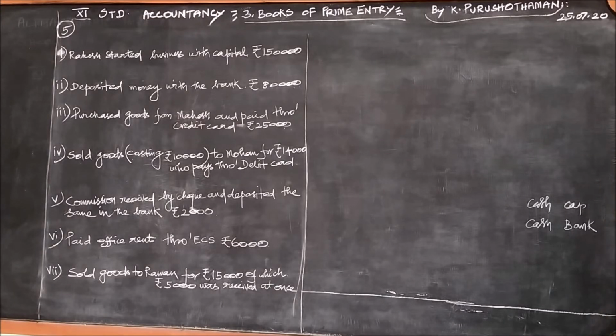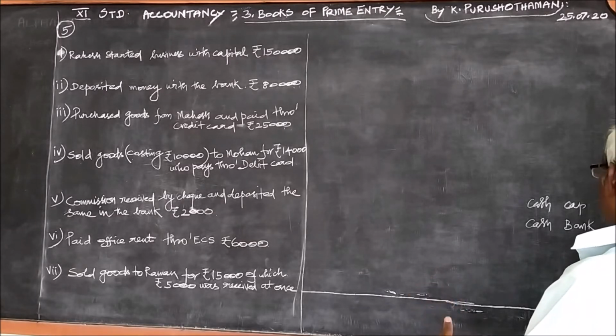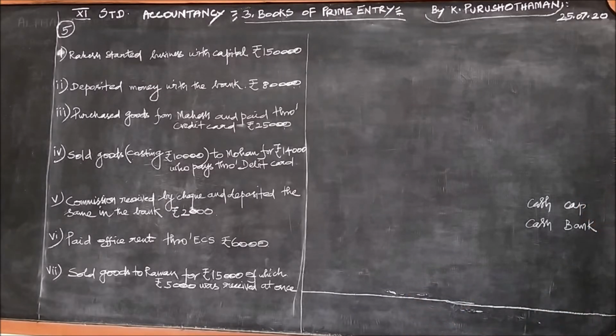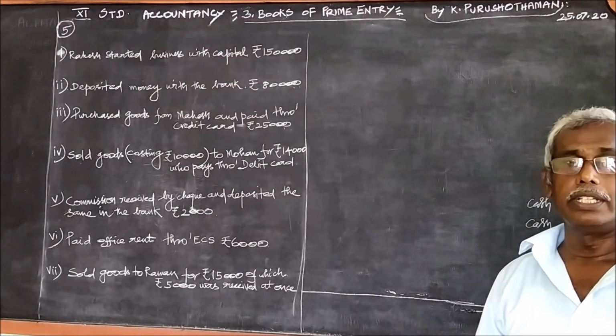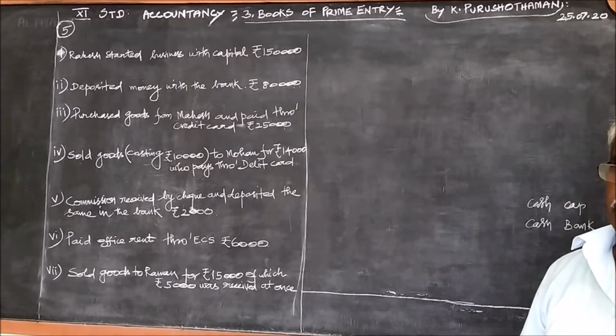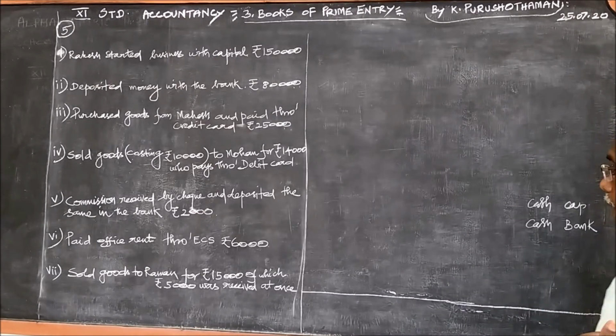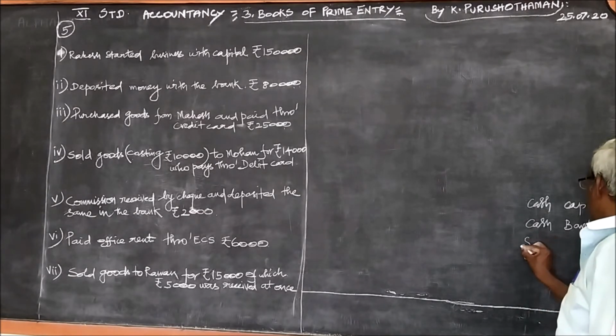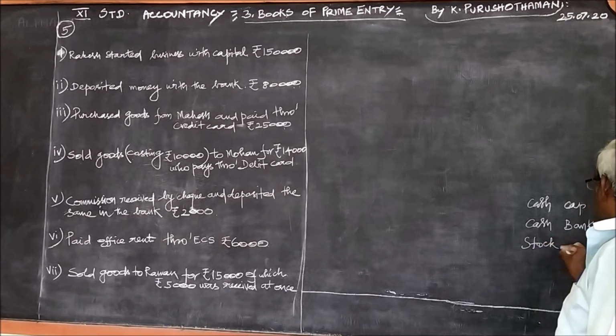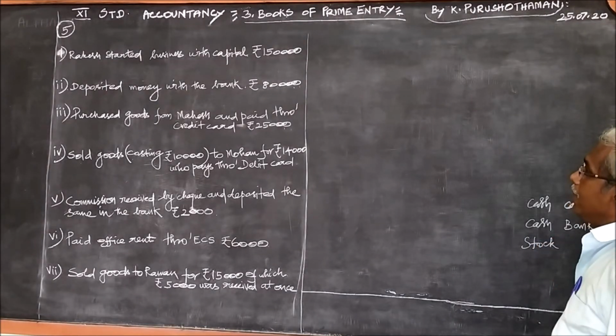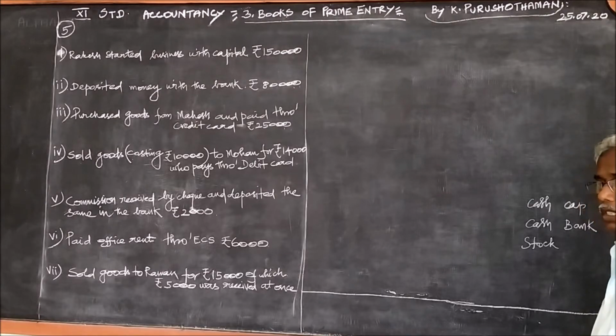Then, third one, purchased goods from Mahesh and paid through credit card. When goods are purchased, whether it is for cash or credit, the goods are coming in. The goods are otherwise called stock. And it is paid through credit card.